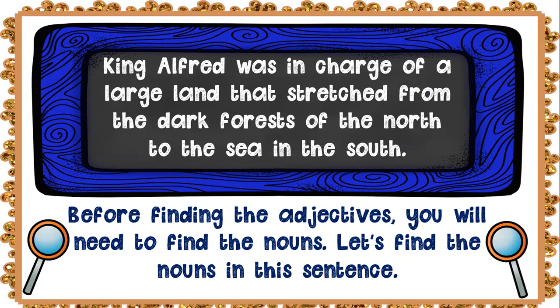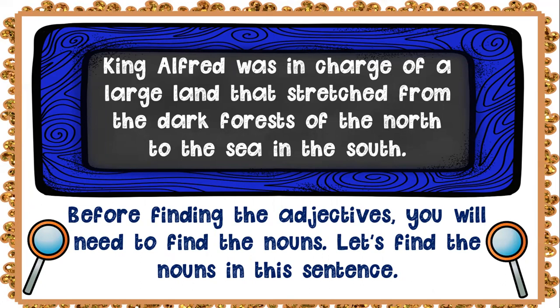Now, before finding the adjectives in this sentence, you will need to find the nouns. So each adjective will have a noun that it will modify, that it will describe or tell about. So it's easiest to find your nouns first and then find your adjectives that describe them. Now, if you look at the story, your nouns would be King Alfred.